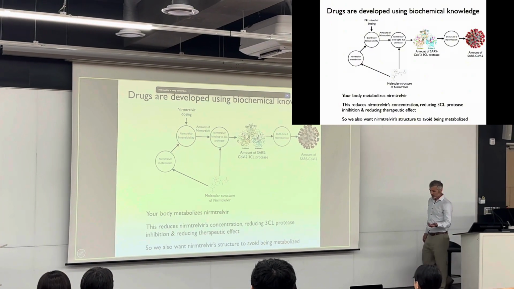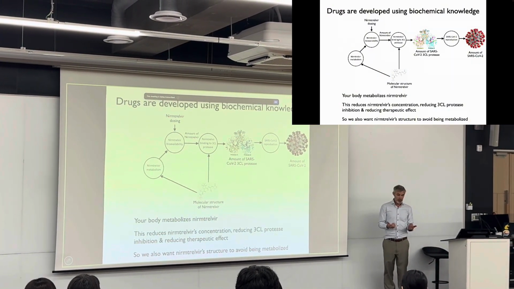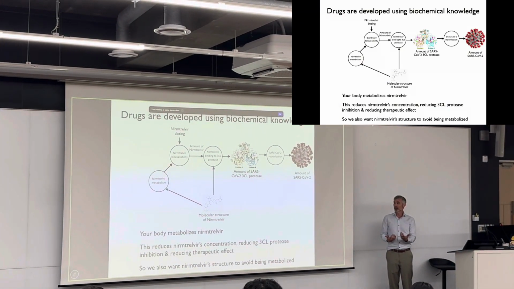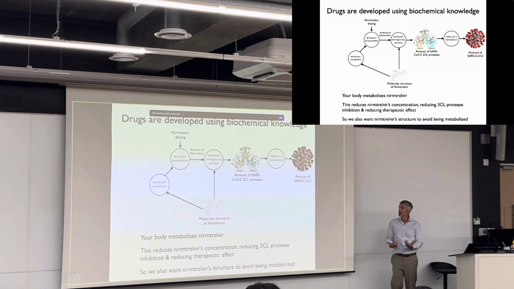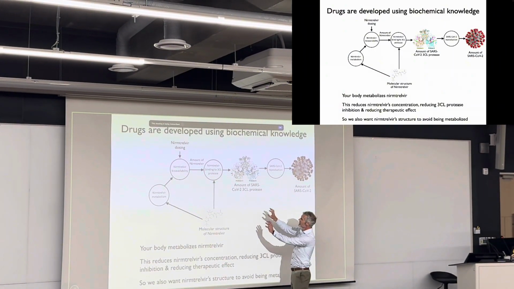One of the problems with this drug and with many drugs is that the active pharmaceutical ingredient doesn't last in the body as long as we would like, right? So you start to expand this out.